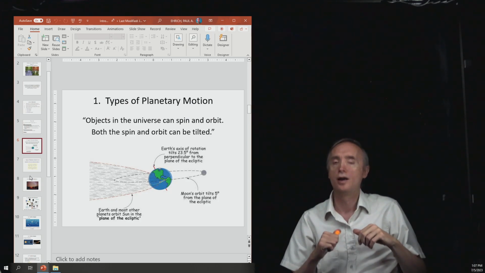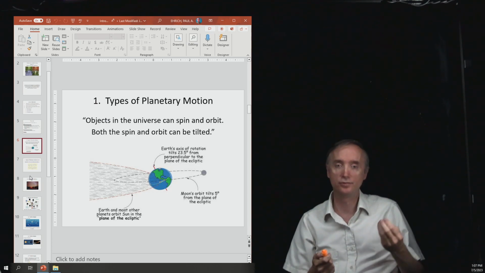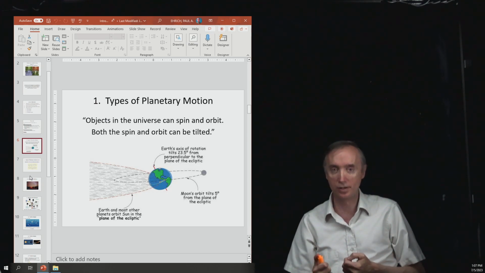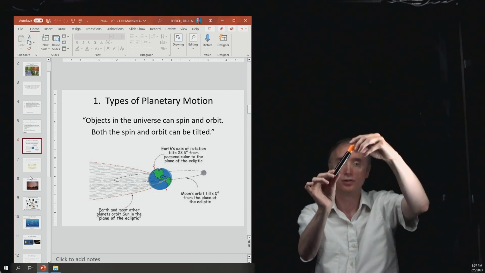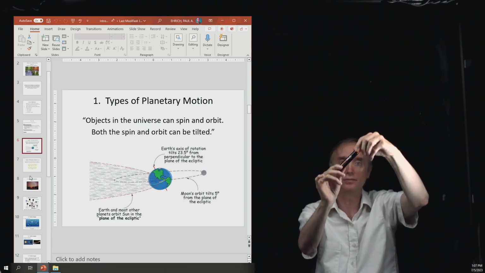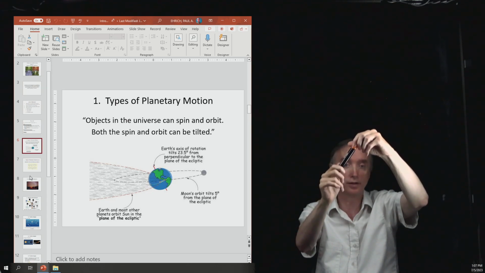Okay, so there are differences in different planets in both their orbit and their spin. So one thing, let's talk about the spin. You have the speed at which it's spinning. So some things spin slowly, some things spin quickly.